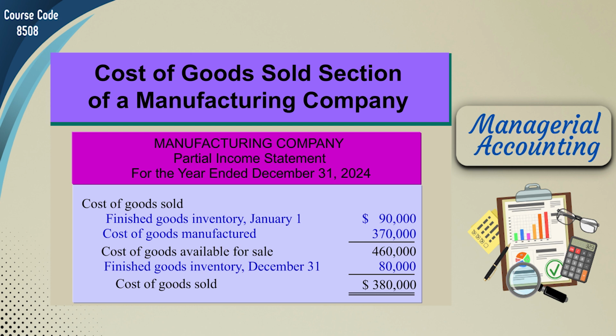We get cost of goods available for sale after adding cost of goods manufactured to finished goods at the beginning of the period, that is $4,60,000, and we will deduct finished goods inventory at the end of the period, that is $80,000, and in this way we will get cost of goods sold, that is $3,80,000.